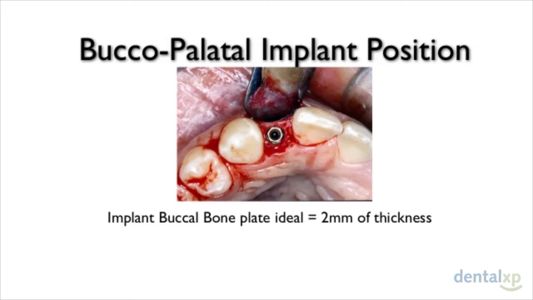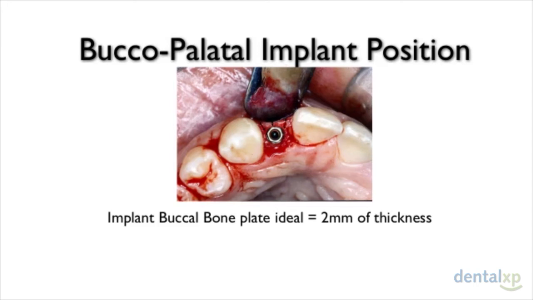Why? Mainly because by doing so, we will have a good and thick buccal alveolar bone. And this is very, very important. We should have around 2 millimeters of buccal alveolar bone so that we can have stability of the soft tissue surrounding the implant in the future.